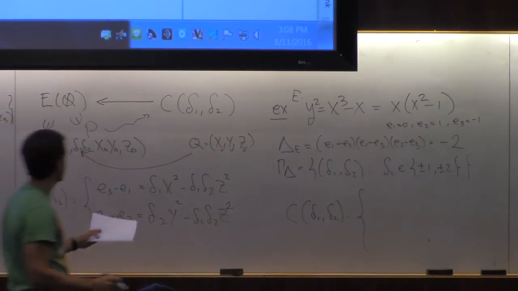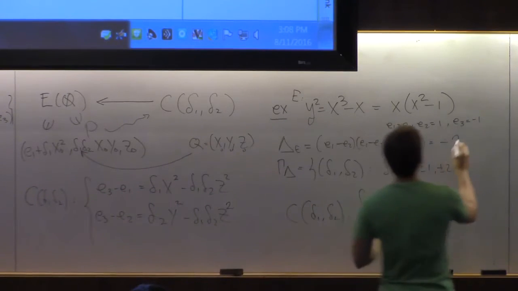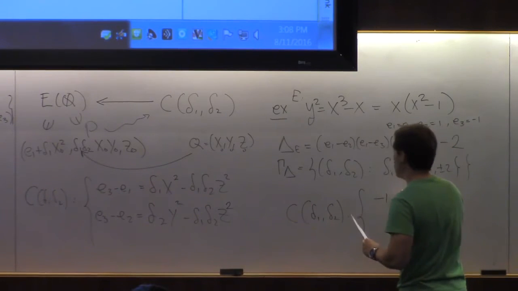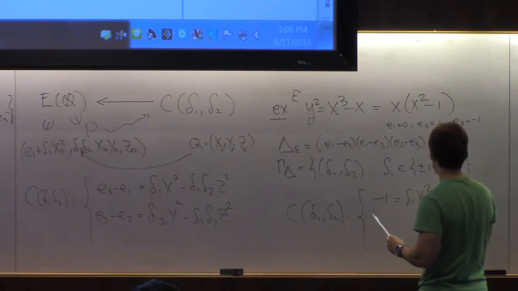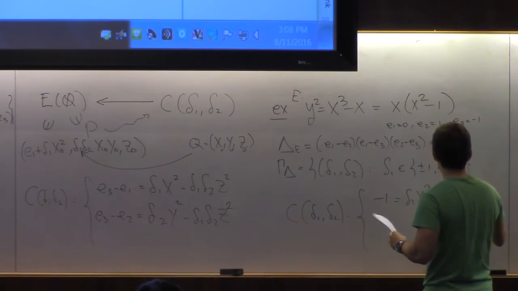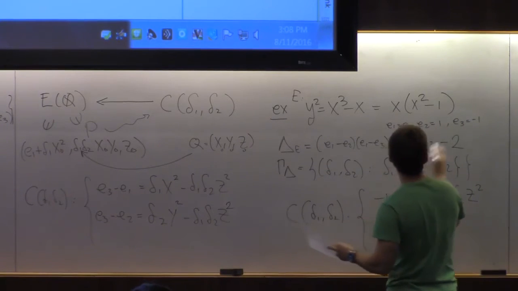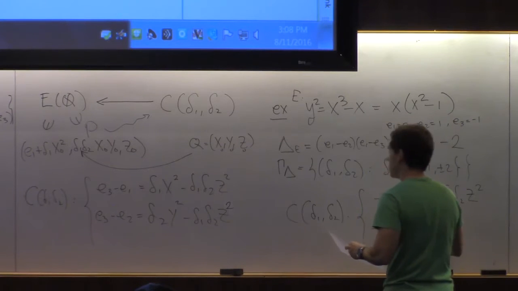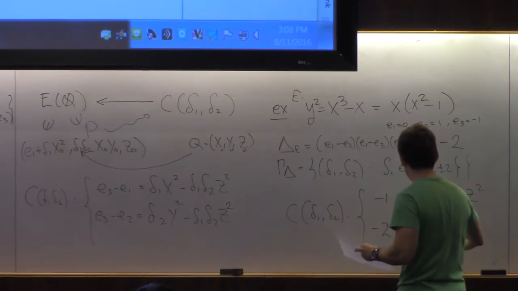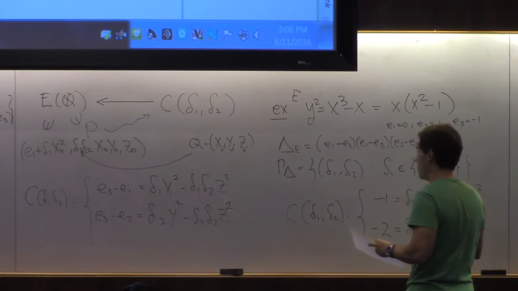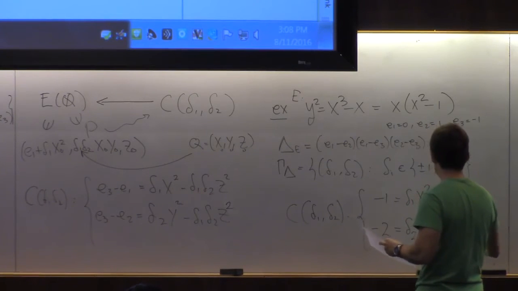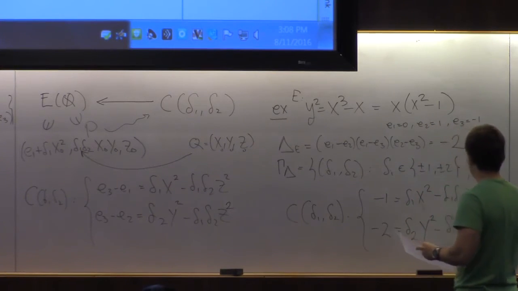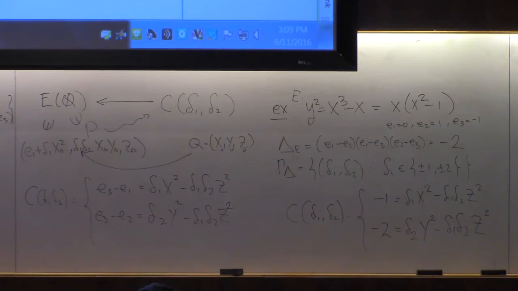In this case, E3 minus E1 is minus 1, so we get delta 1 x squared minus delta 1 delta 2 z squared, and E3 minus E2 is minus 1, minus 2 delta 1 delta 2 y squared minus delta 1 delta 2 z squared. What I want to do is look at all the spaces.